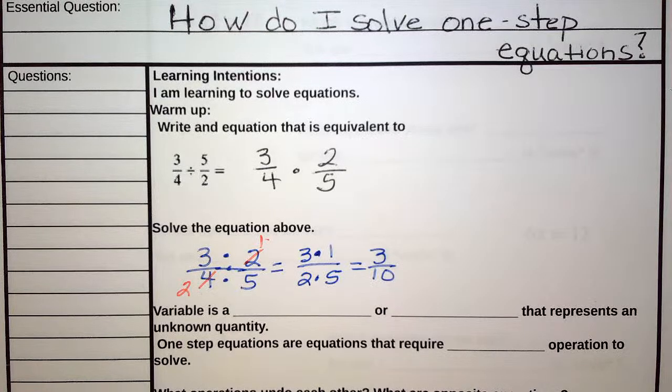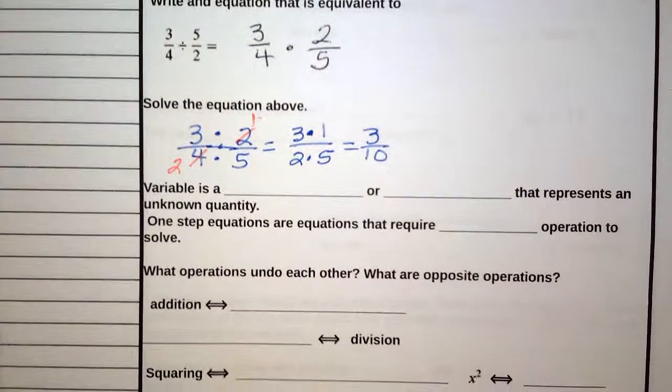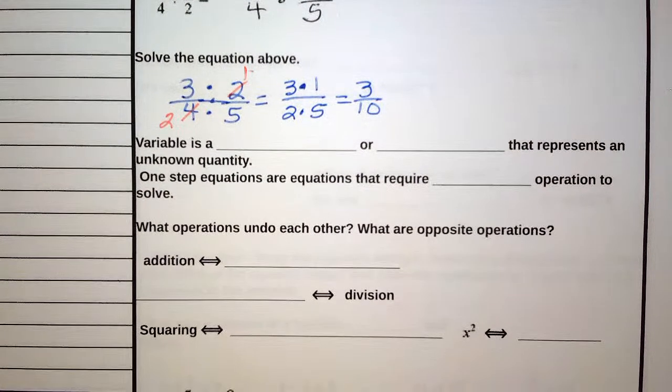So as we get ready to solve one-step equations, we have to use variables. Now we've looked at variables, we've worked with them in the past, but what is a variable? A variable is a what or what that represents an unknown quantity. What would be an example of a variable? X, and X is a what?